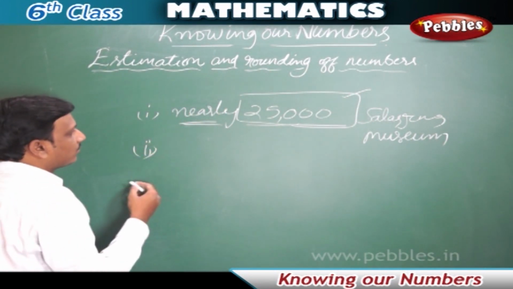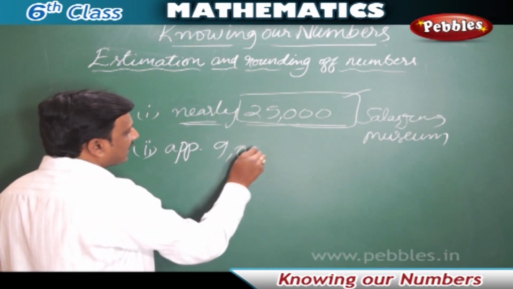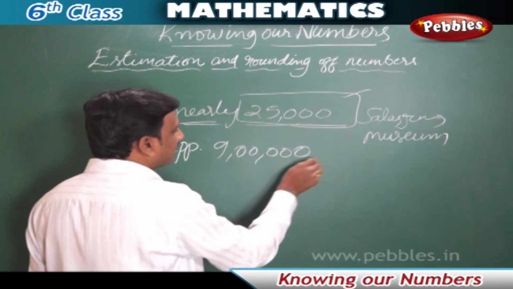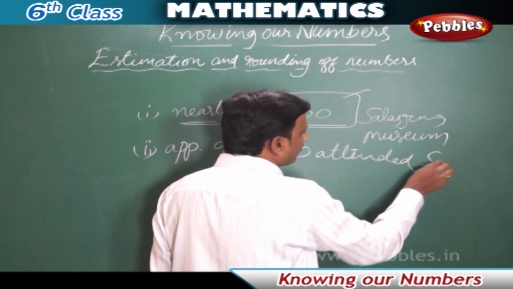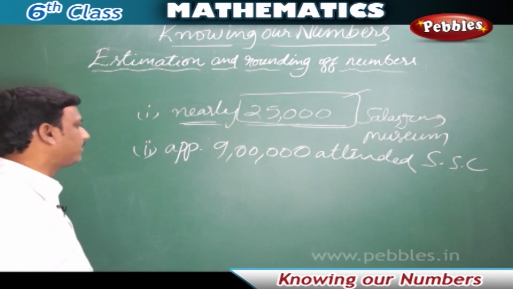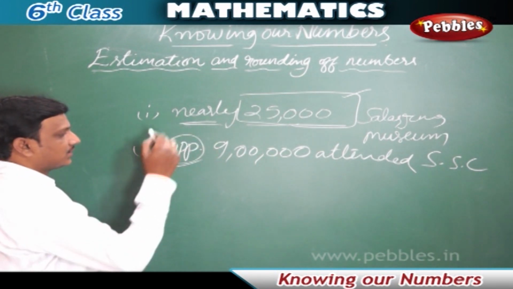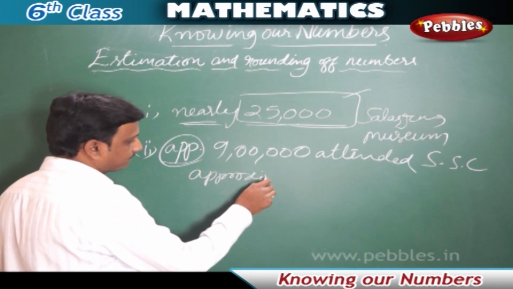And one more example, we see that approximately 9 lakh people attended SSC exam this year. So 9 lakh people approximately. So we are using that approximately term.